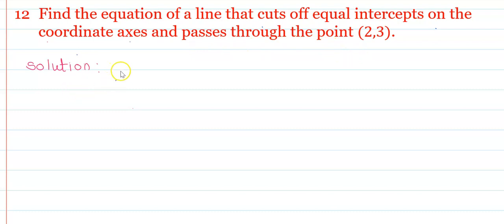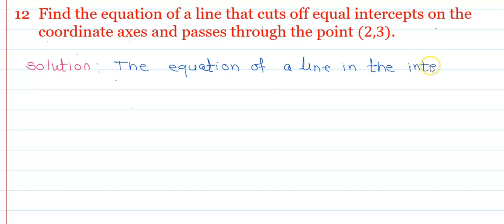Now here the equation of a line in the intercept form is x upon a plus y upon b is equal to 1.